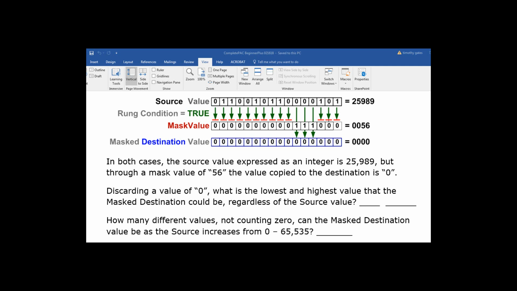Well, the highest would be if bits 3, 4, and 5 were 1. And of course, it's an easy answer because the mask value is 56 decimal. So if all 3 of the bits that get transferred are 1s, that would be the highest value. So the highest value would be 56.